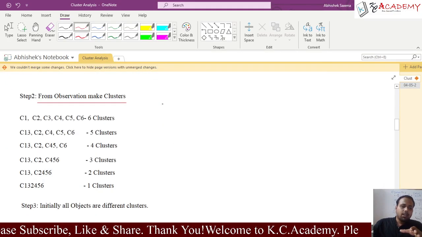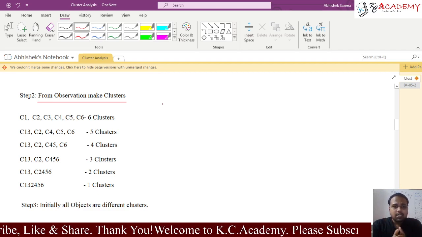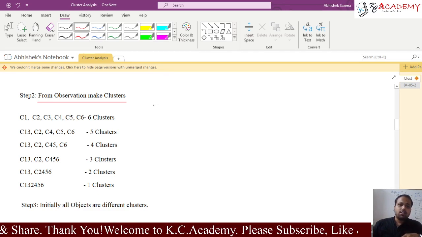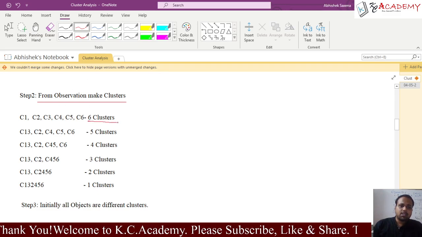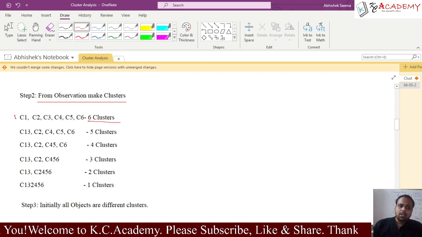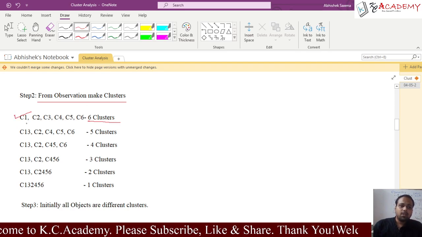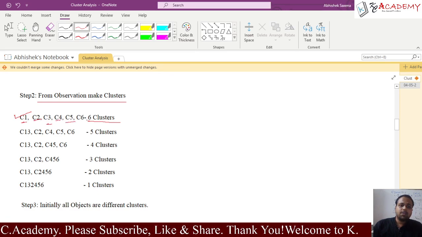The method we are talking about is the agglomerative hierarchical method. In that method, whatever data is given, we combine it one by one. In the first step there are 6 points, so there are 6 clusters. I made 6 groups, C1, C2, C3, C4, C5, C6.